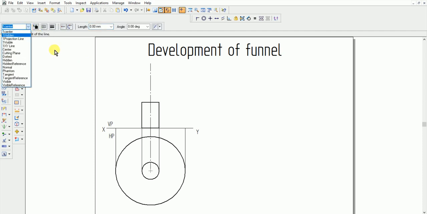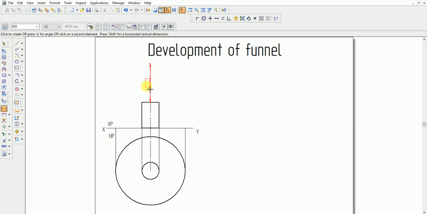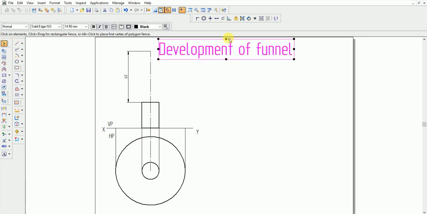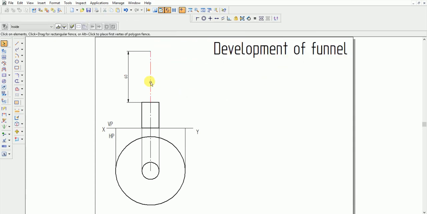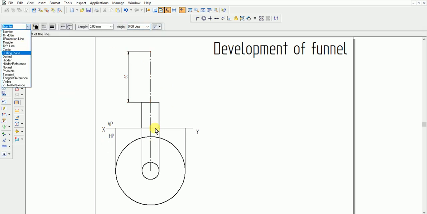Now let us know the dimension of this line. We want it to be 60, so I am extending it. Let me have it here. Yes, but it would again be problematic, so let me have it here. Fine. Now the diameter of this larger circle is 80 mm, that means the radius is 40 mm. So the top circular cross section is of 40 mm radius.